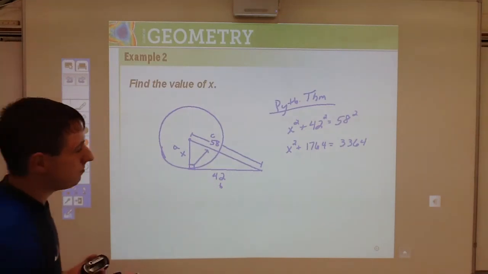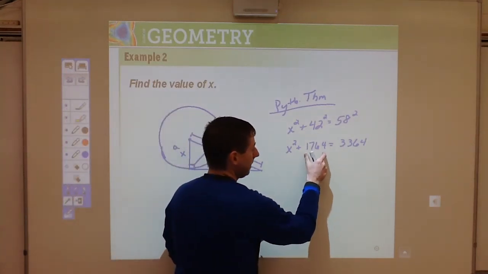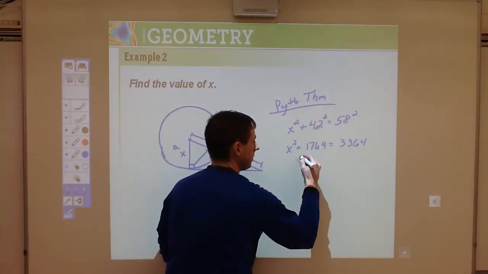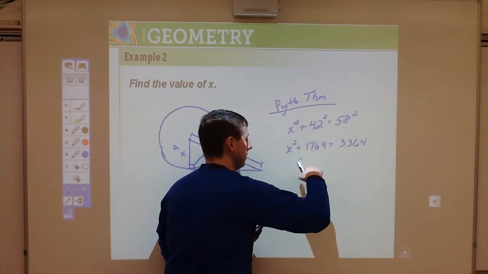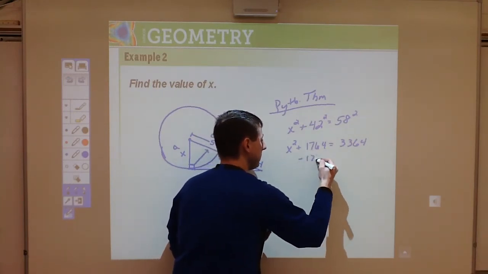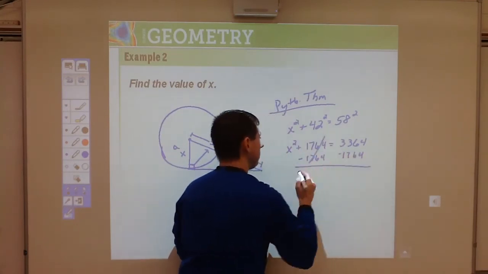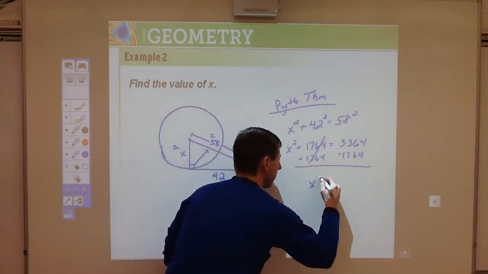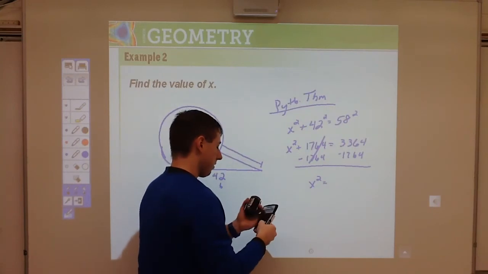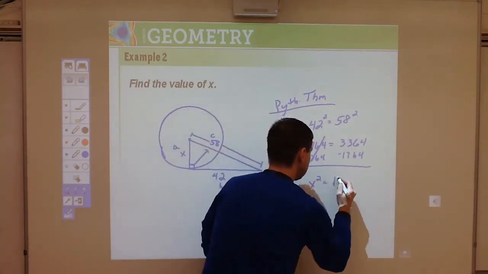Okay, so big numbers. Next step, I need to get this over there to there. So since it's plus, I need to subtract it. So minus 1764 on both sides. Okay, so x squared equals 3364 minus 1764 is 1600.